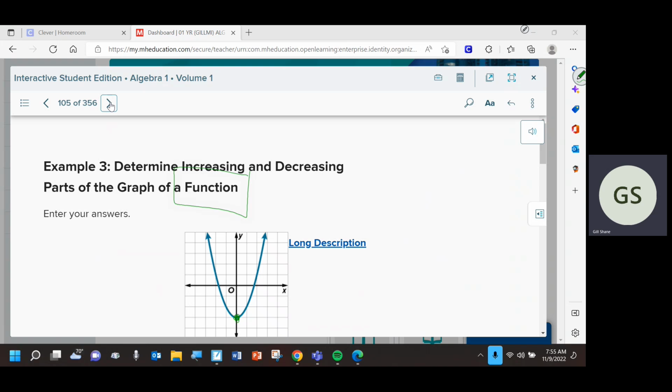You've got to figure out how to keep that straight. If it's asking if the function is increasing or decreasing, then you're reading it left to right. So write that. If it's asking about the function, you're reading it just like you would a book, going from left to right, reading the graph left to right.